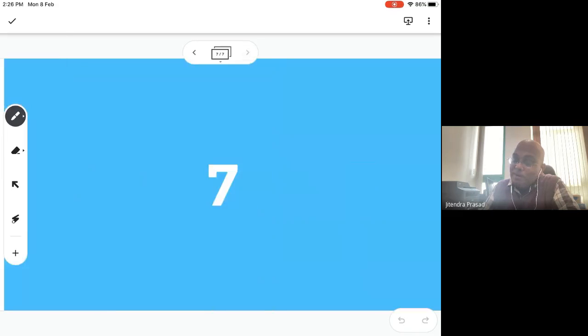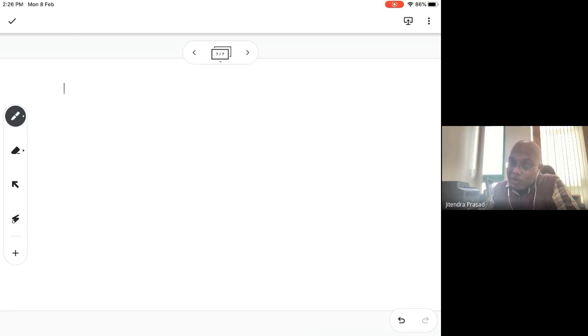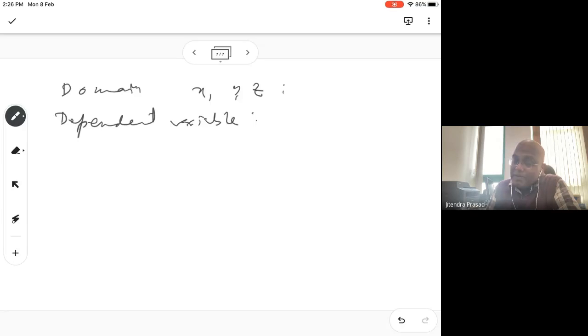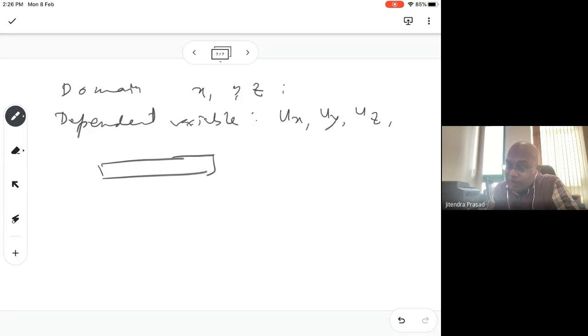So there are two things you are now seeing. One is the domain, meaning x, y, z, and the second thing is the dependent variables. Dependent variables in this case become the displacements ux, uy, uz. For a beam problem, although you will have x only, ux will be a function of x.